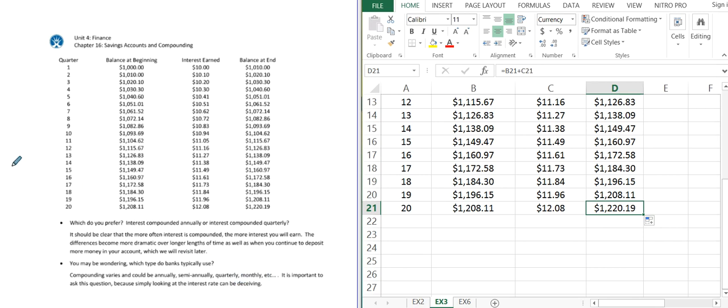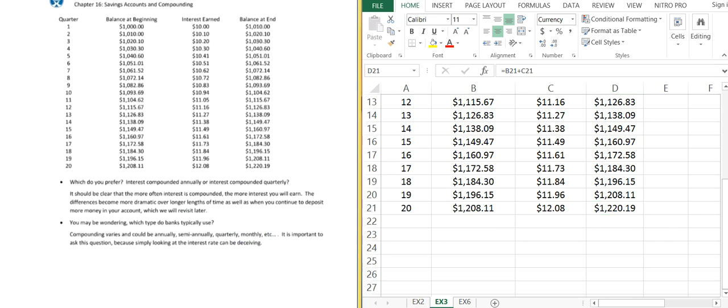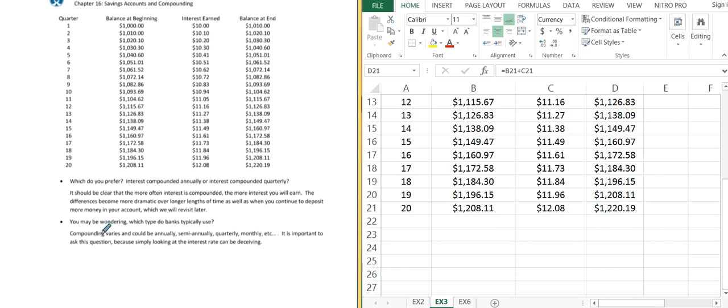So again, you'll see all different types of compoundings as we go through the section. Annually would be once a year, semi-annually is twice a year, quarterly will be 4 times a year, and monthly will be 12 times a year. So we'll have to be on the lookout as we're reading these problems and thinking about which we're being given.